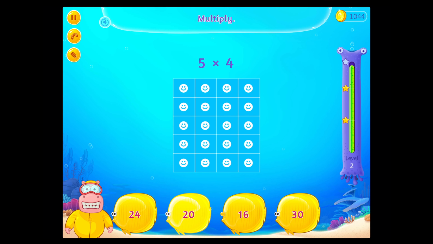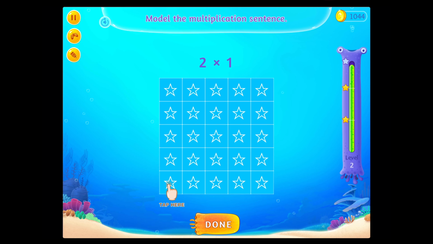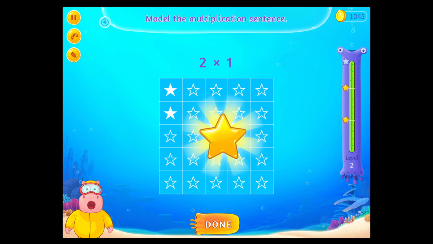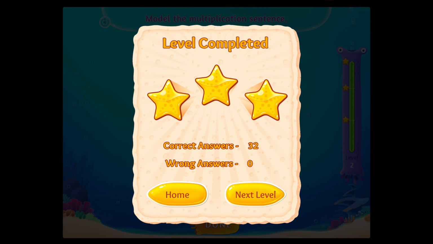Congratulations! You've done it! Model the multiplication sentence. Congratulations! You've done it!